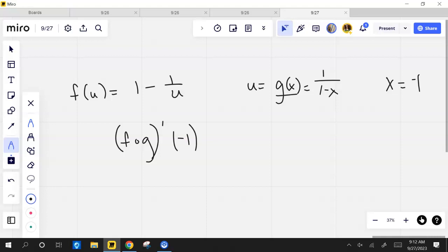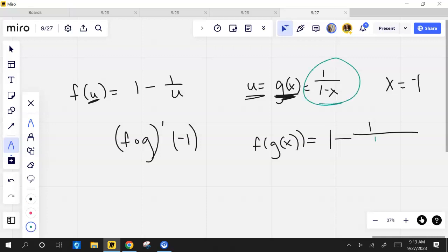Okay, and because g of x and u are the same thing, right? F of g of x is going to be 1 minus 1 over, and then instead of u, I'm putting in this here.